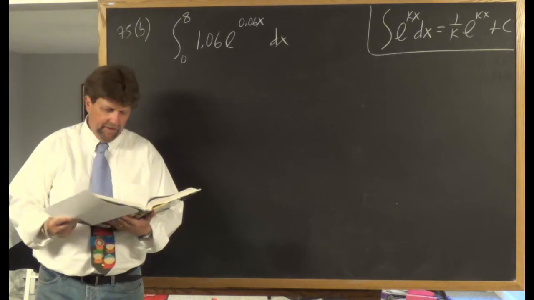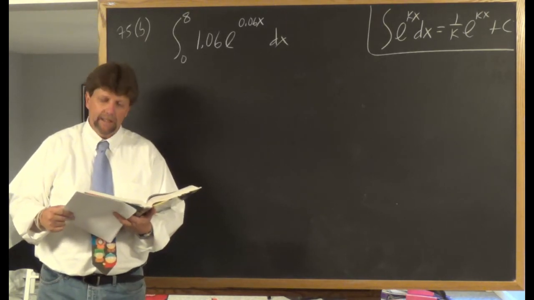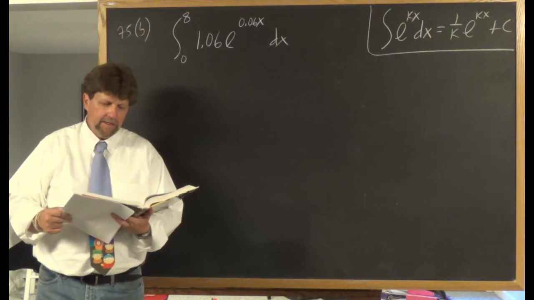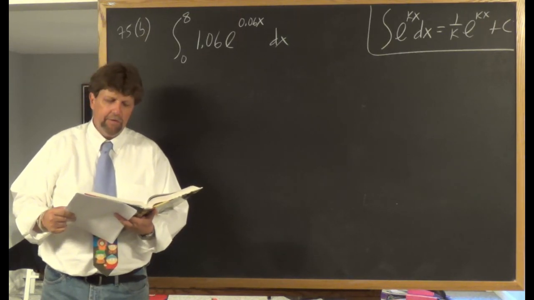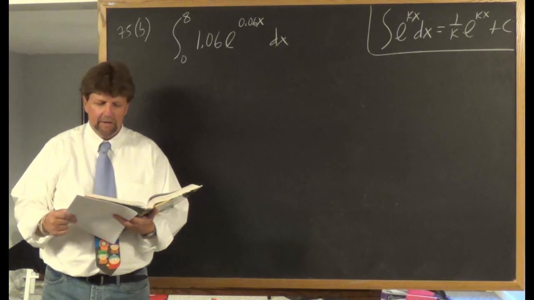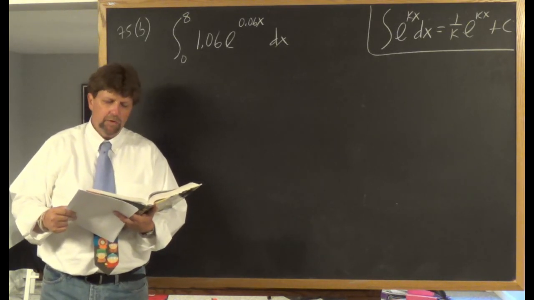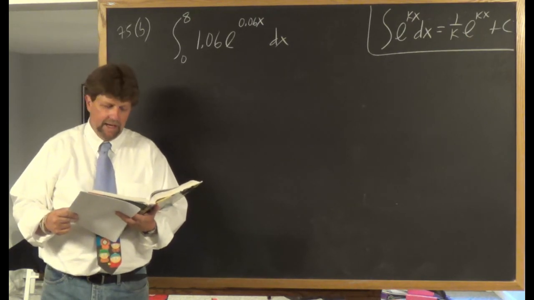Alright folks, here in 75 part B, it said that fueled by rising unemployment and food prices, the number of Americans on food stamps has been steadily increasing. The number of participants in the federal food stamp program from 2000 to 2010 can be modeled by f of x equals 1.06 e to the 0.06x.